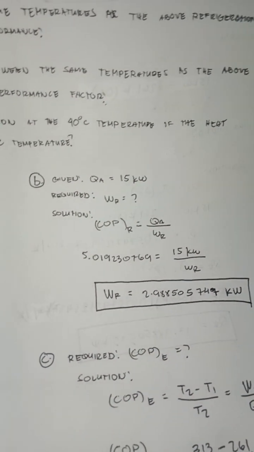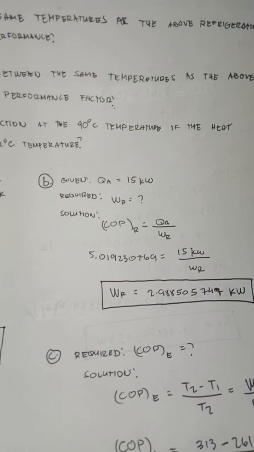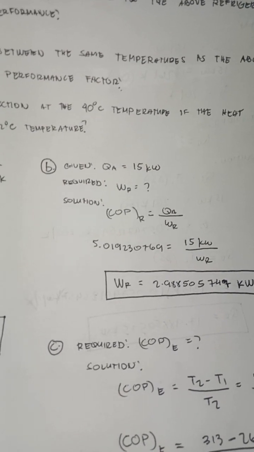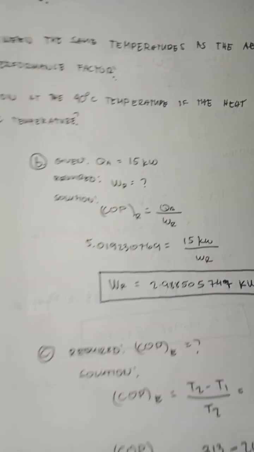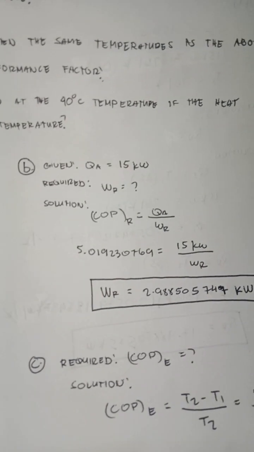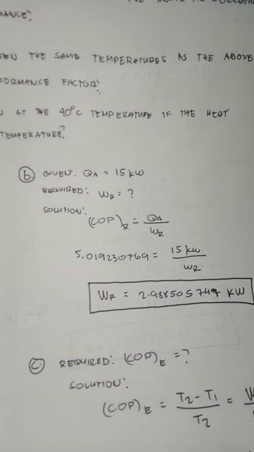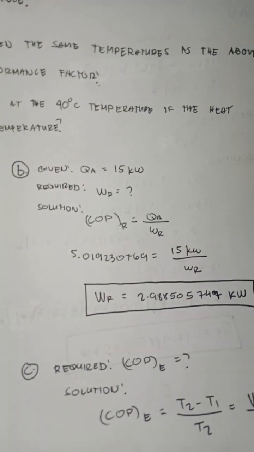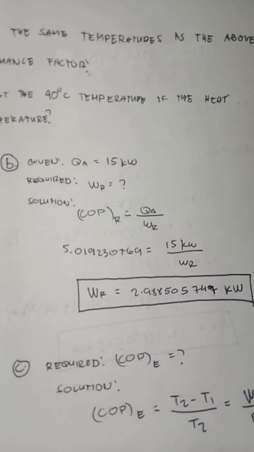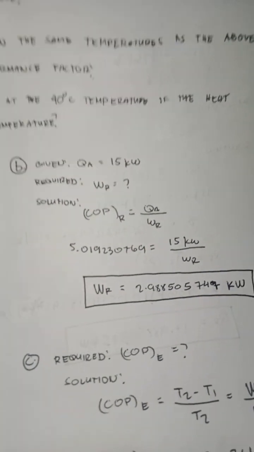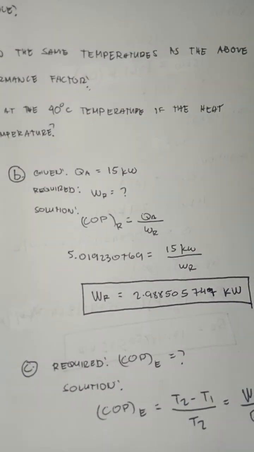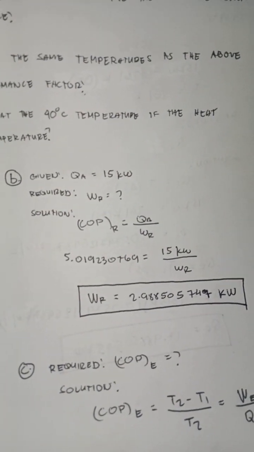Since the COPR already has a value, we just substitute: 5.019230769 equals 15 kilowatts over work. Solve, the answer is work equals 2.988505747 kilowatts.